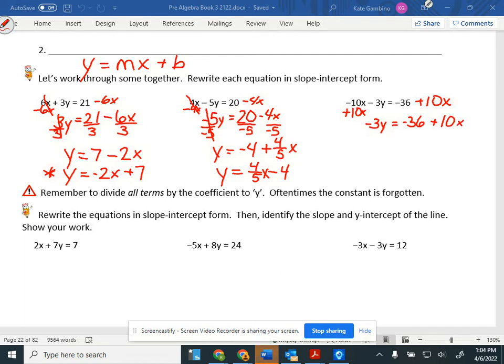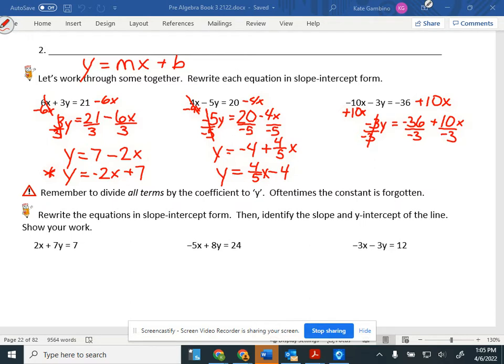So now keep me going, Chase. So then you need to divide by negative 3. What do I divide by negative 3? Everything. I divide all the terms by negative 3.